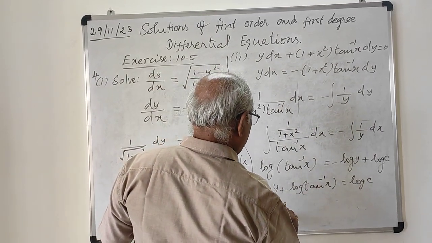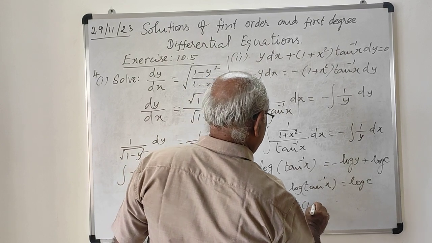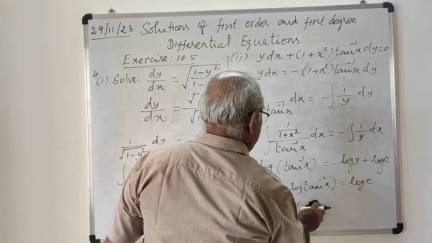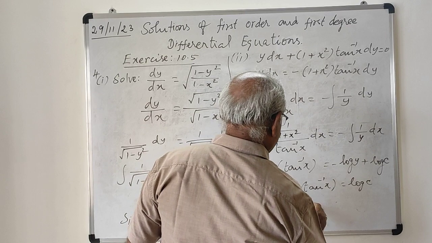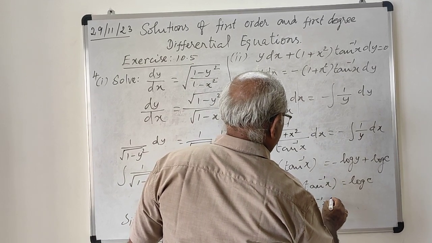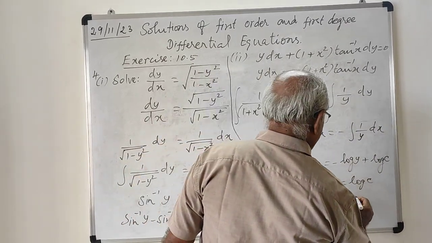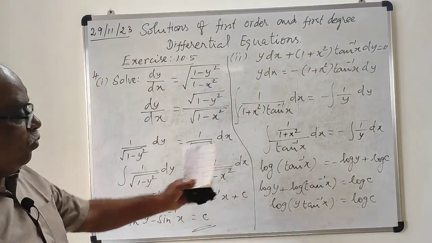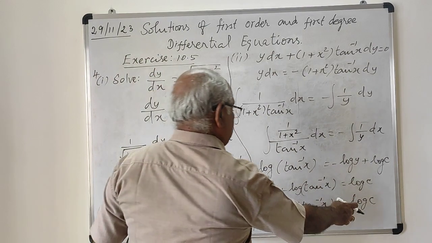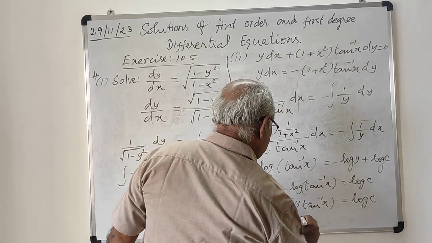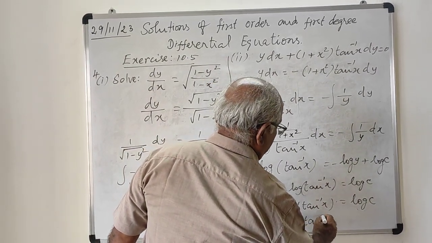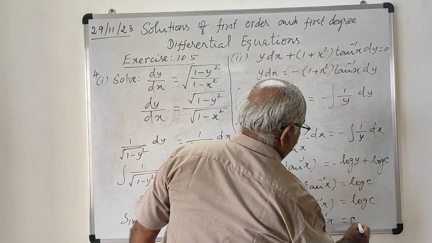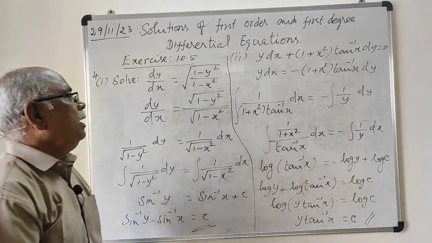Therefore you get log of y into tan inverse x equal to log c. Eliminating logarithm on both sides, you will get y into tan inverse x equal to c. This is the answer for the given problem.